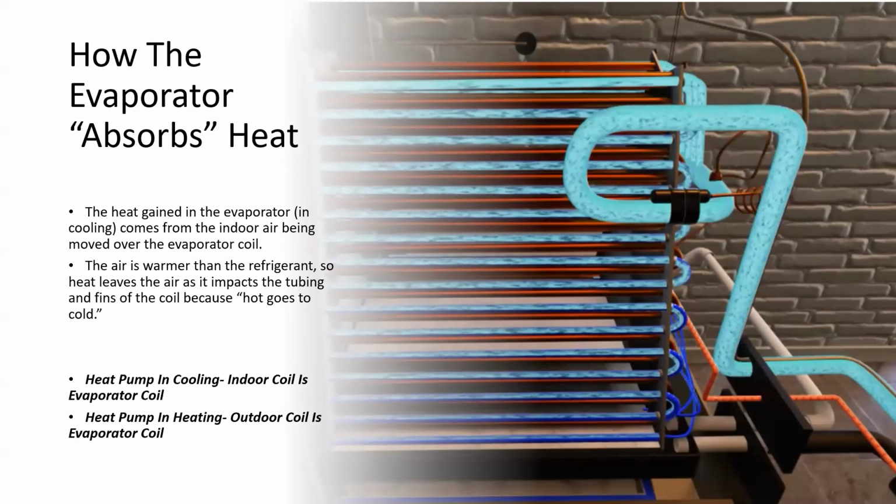So the heat leaves the air as it impacts the tubing and the fins on that coil, because, well, hot goes to cold, right? The air temperature is decreased because the heat is removed from the air as it moves into the refrigerant. Remember, we're adding or removing heat.